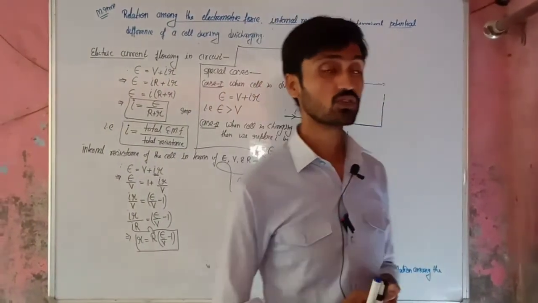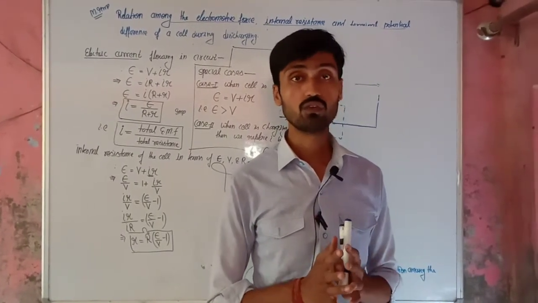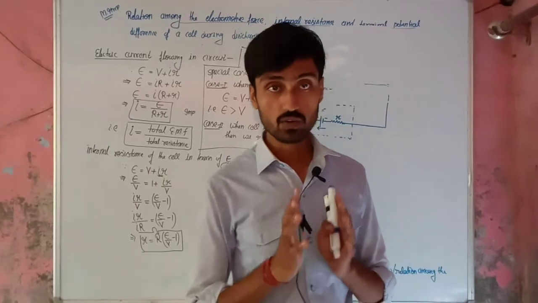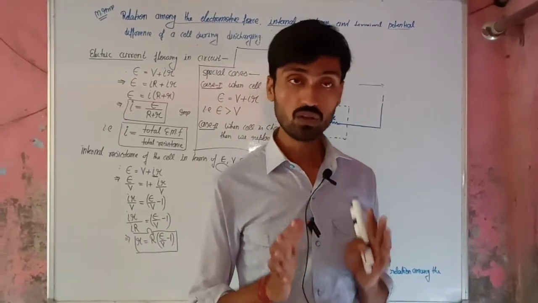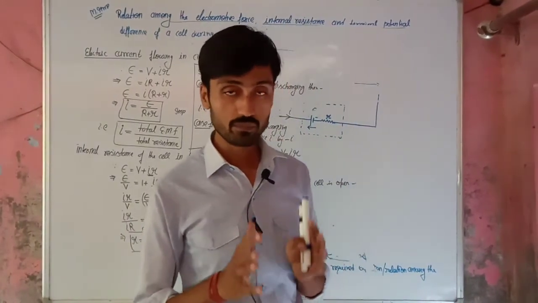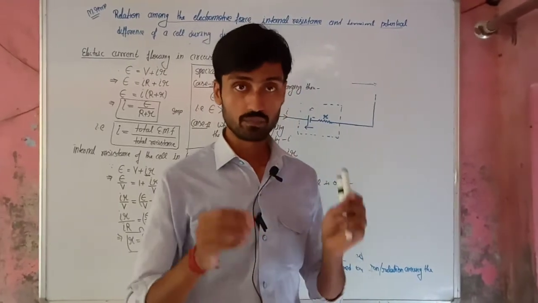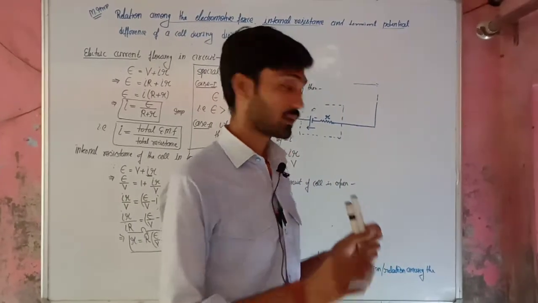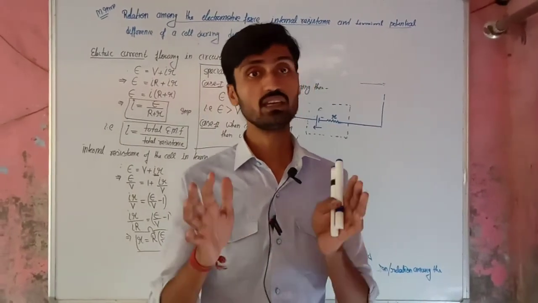Remember a point also here, that the electromotive force cannot be measured by any instrument. You can directly measure only the potential difference across any circuit or across any cell.